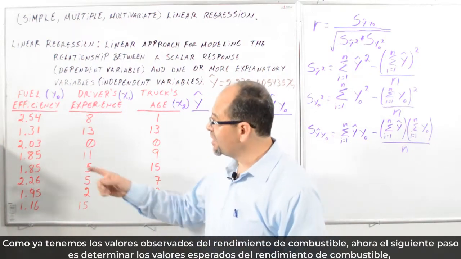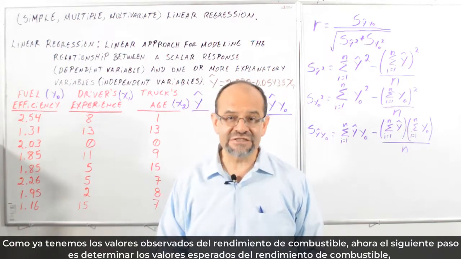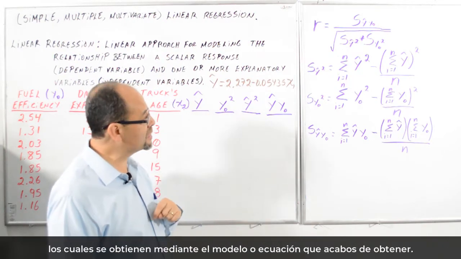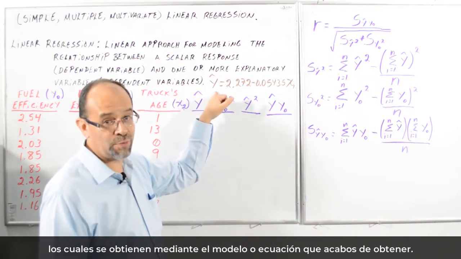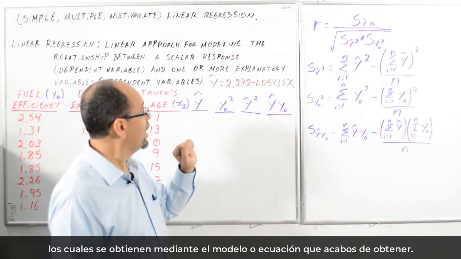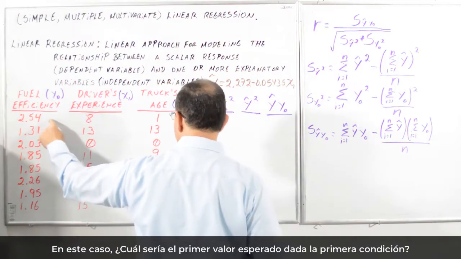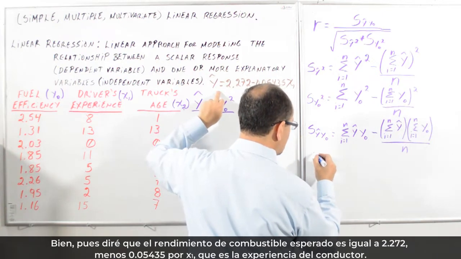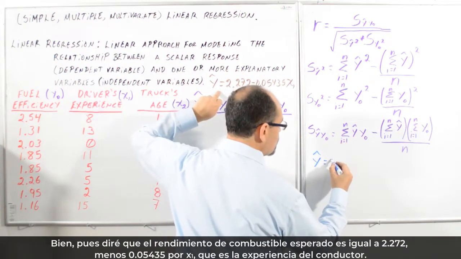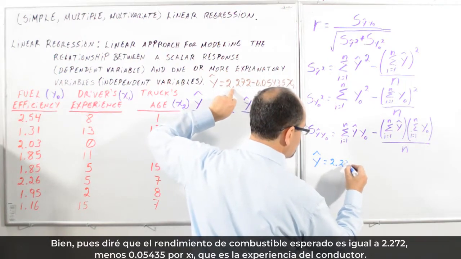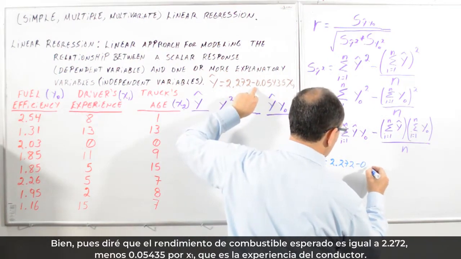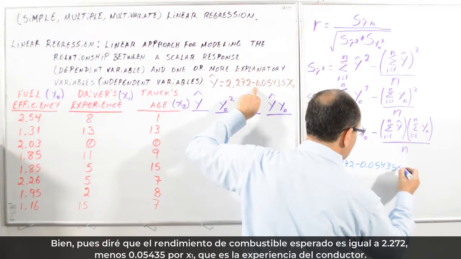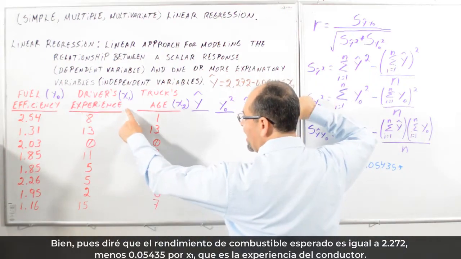We already have the observed value of fuel efficiency. Now the next step is to determine the expected value for fuel efficiency, which will be obtained from the model, from the equation that we just got. For the first value, what will be the expected value? The expected fuel efficiency is equal to 2.272 minus 0.05435 times X1, which is driver's experience.